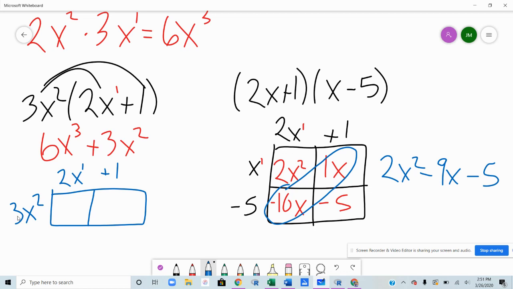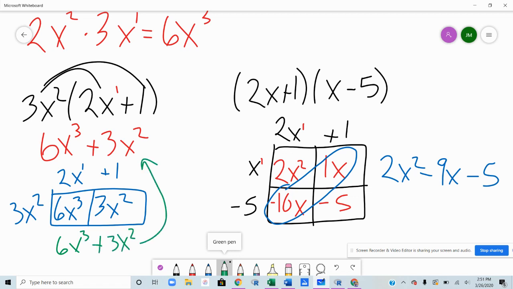Try this one more time. 3x squared times 2x to the first gives you 6x cubed. And then 3x squared times 1 gives you 3x squared. And then write it in standard form and look for like terms along the way. No like terms, so your answer is just 6x cubed plus 3x squared, which is what we had before when we distributed.